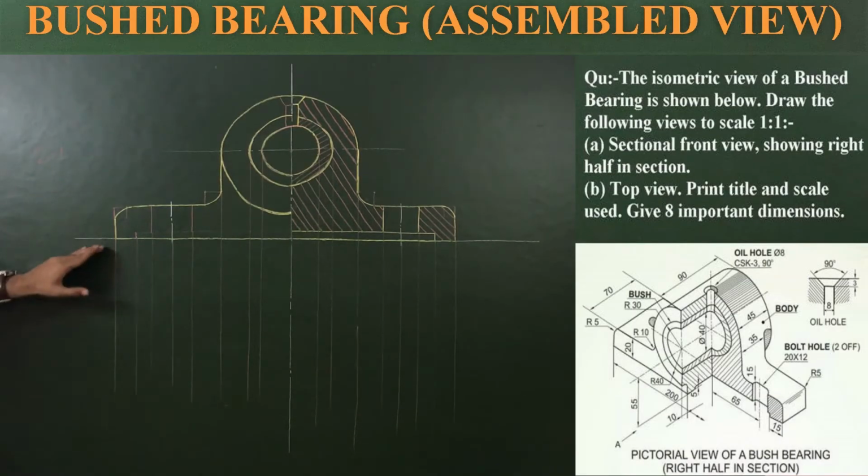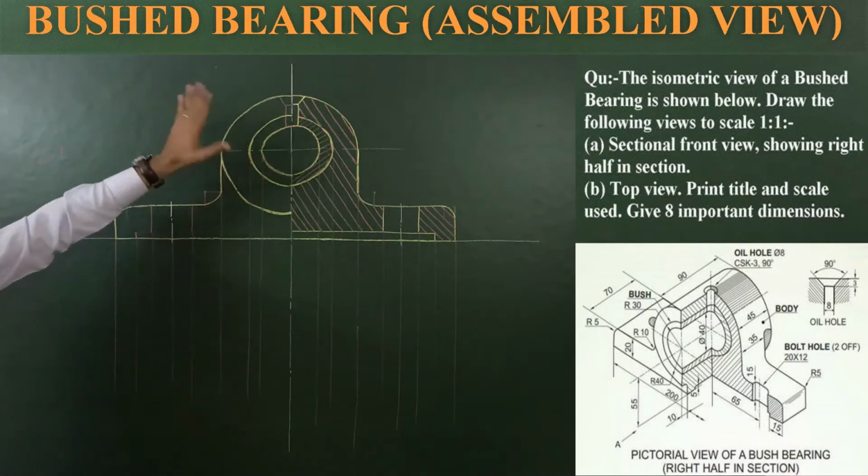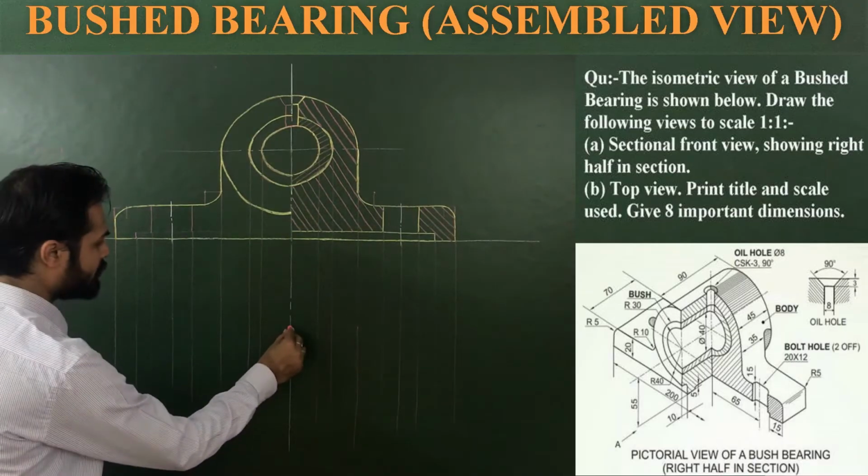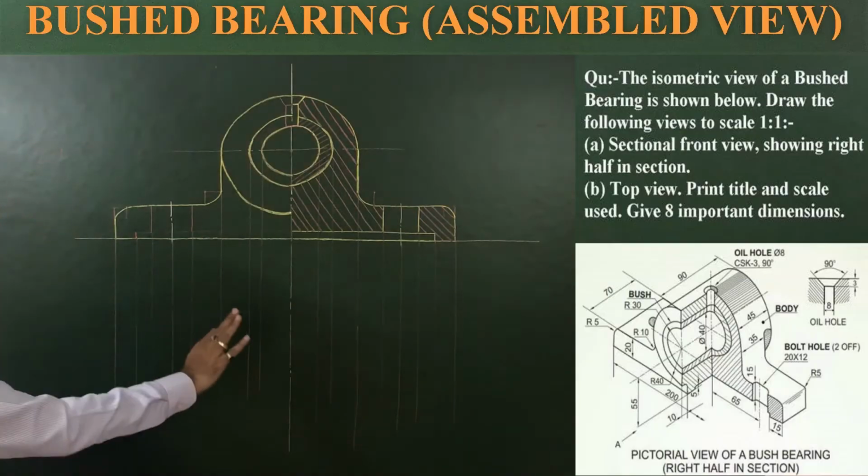For the top view, at least for the central width, the base is 70 and the width of the cylindrical part is 90. So after XY, go at least up to 120 or 130. Now mark its center, the center of the base or the rectangular part.